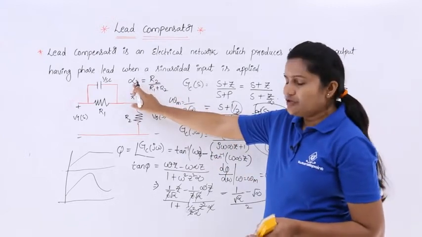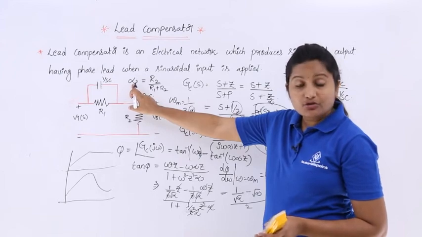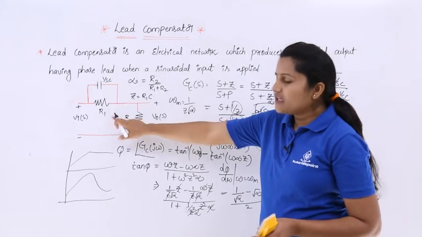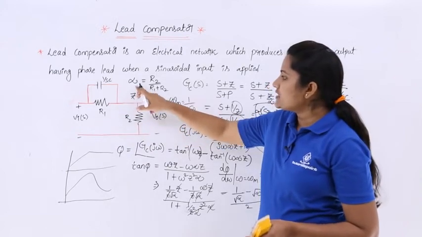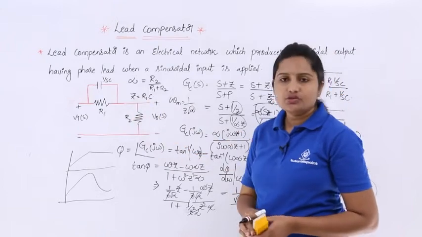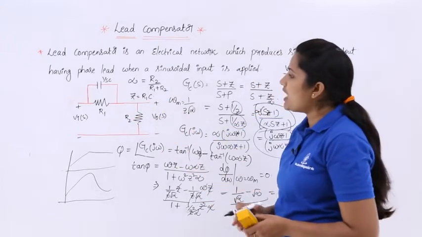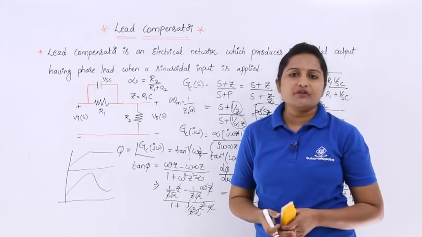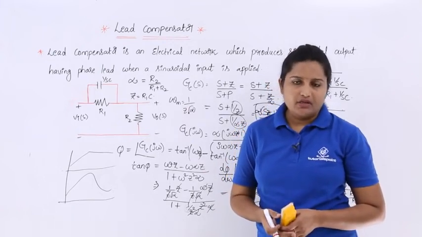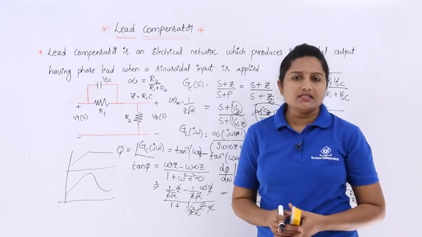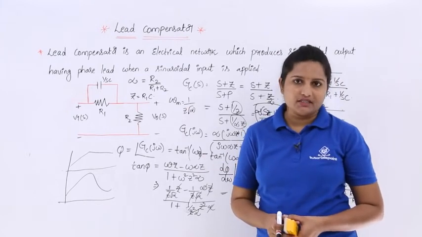So according to this network, I need to consider alpha as R2 by R1 plus R2 and Z as R1C. If you know alpha and Z, we can easily write the equation for P as Z by alpha. This way we can analyze the lead compensator. In the next class we will see the lag compensator.